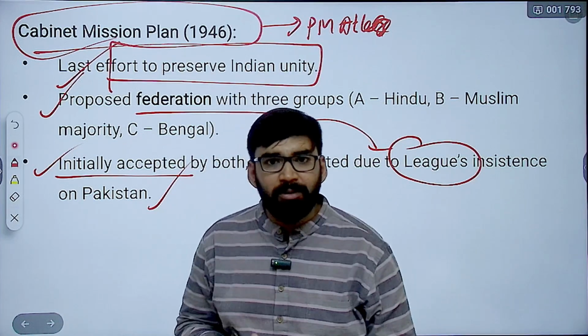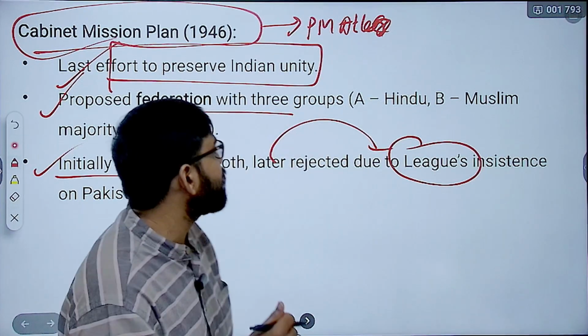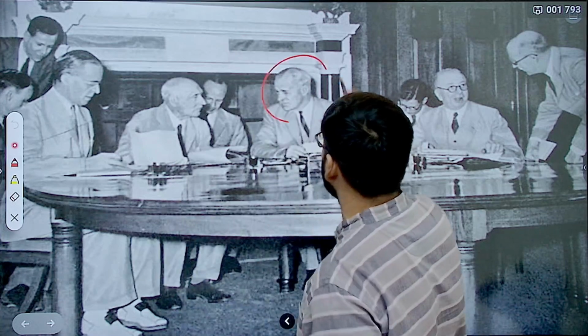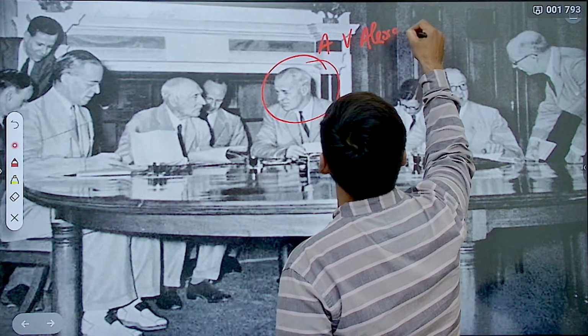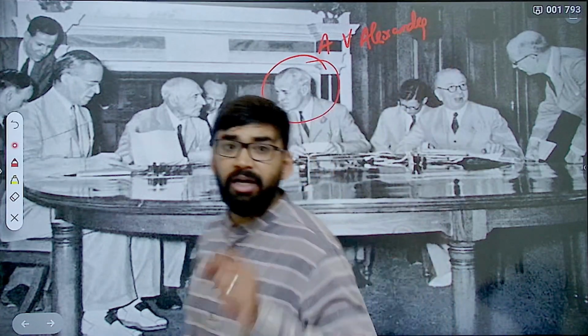Now this cabinet mission consisted of Sir A.V. Alexander, as you can see here in this image. So cabinet mission plan, who was the chairman of this cabinet mission plan? Sir A.V. Alexander was the chairman, and other two members were Sir Pethick Lawrence and Sir Stafford Cripps.